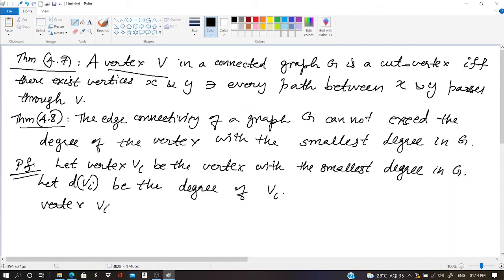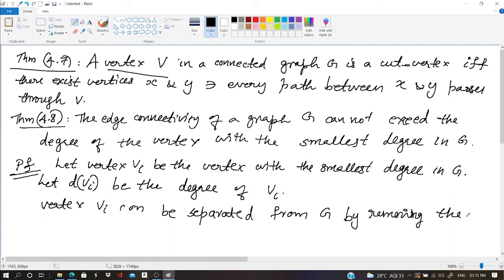Vertex Vi can be separated from G by removing the d of Vi edges incident on vertex Vi, and hence the edge connectivity of G cannot exceed the degree of the vertex with the smallest degree in G.